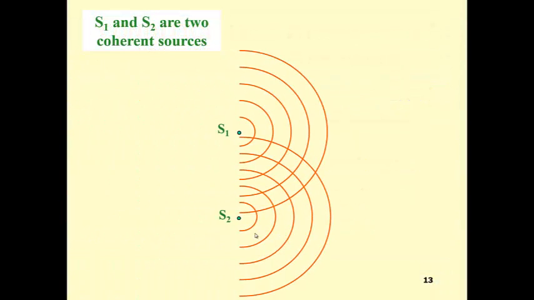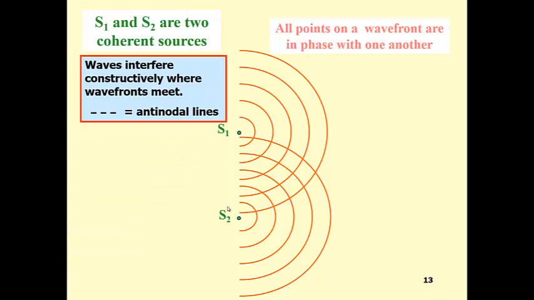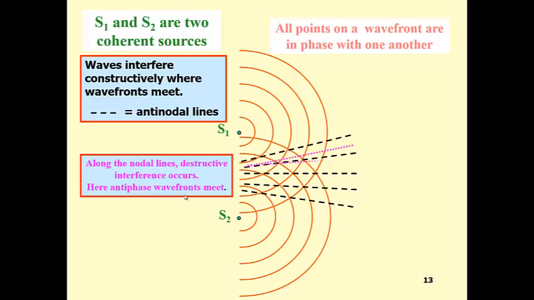So let's look at two sources. This is again similar to the ripple tank, but we're actually looking at it in terms of these wave fronts. So all the points on the wavefront are in phase with one another. So when they interfere constructively, then we get antinodal lines. So this is here. Remember that an antinode is a maximum. And you get a whole range of them. We saw that in the ripple tank. But you can also get nodal lines where destructive interference occurs.